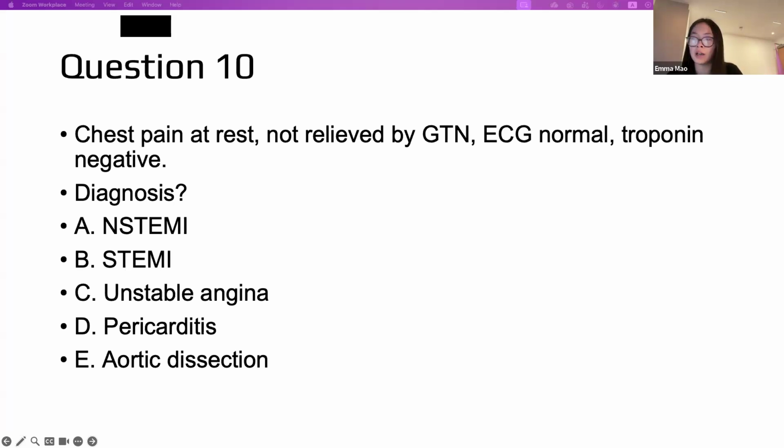So that rules out stable angina, which isn't an option. And then we have the ECG being normal, so there's no ST elevation there. And because troponin is negative, it's likely unstable angina. If troponin was positive, then it would be an NSTEMI, non-ST elevation MI. So yeah, unstable angina.